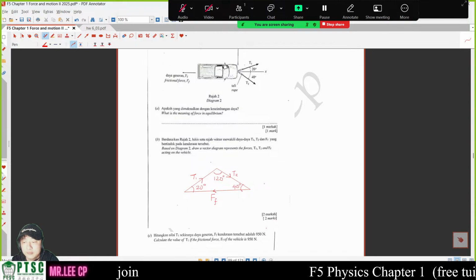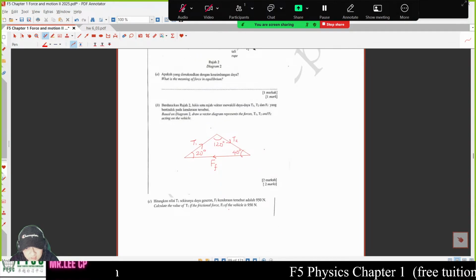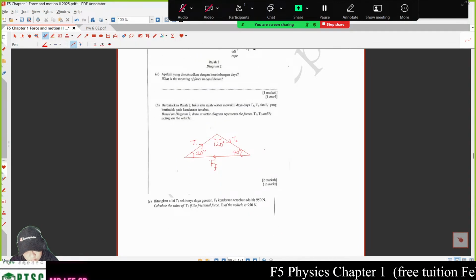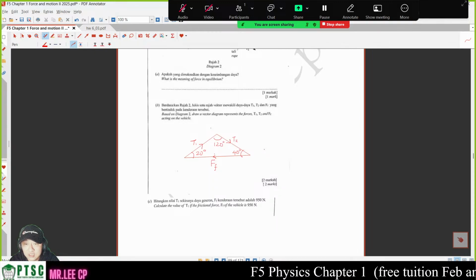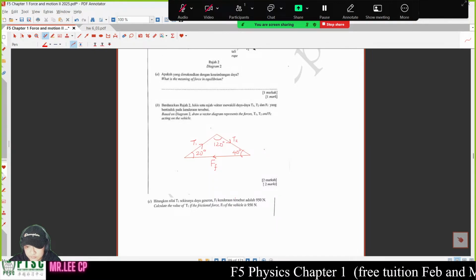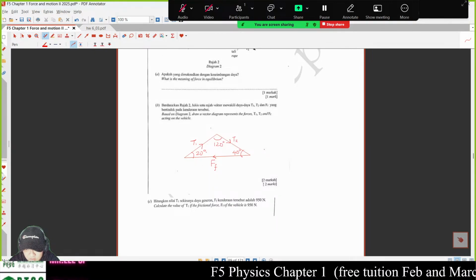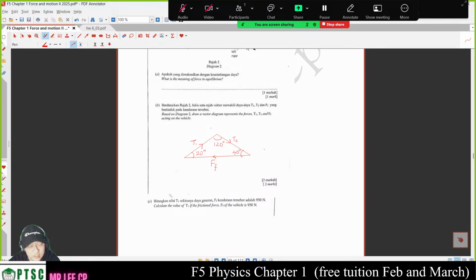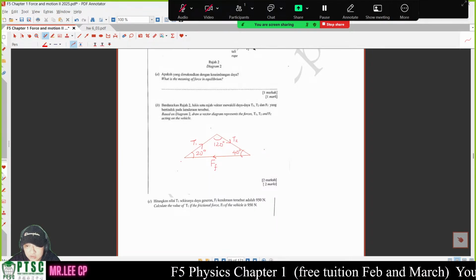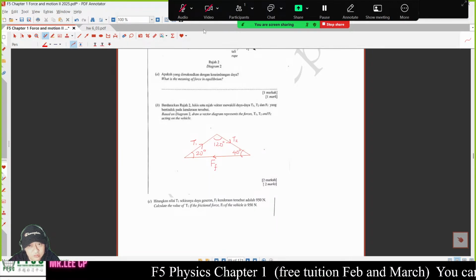Okay. Now calculate T1. The frictional force is 950. So this one is 950. So you can use the sine rule. Because this one is a triangle, I use the sine rule for you.